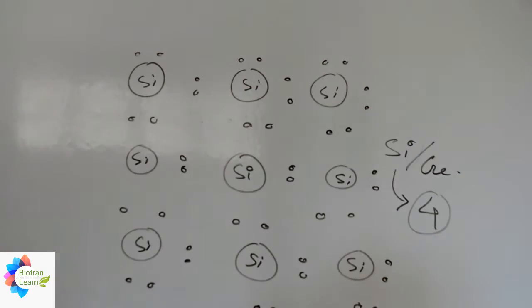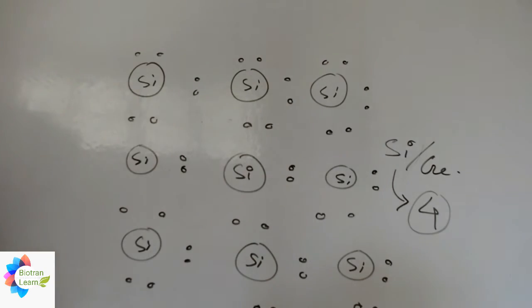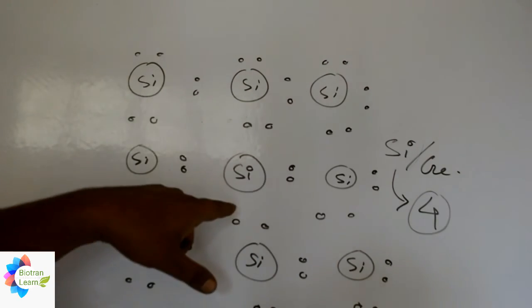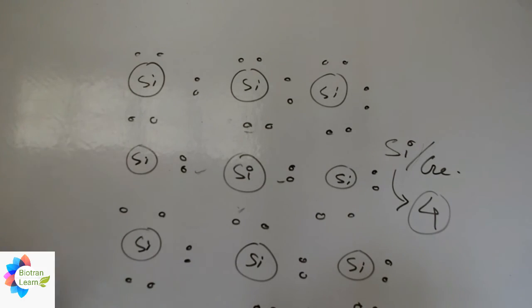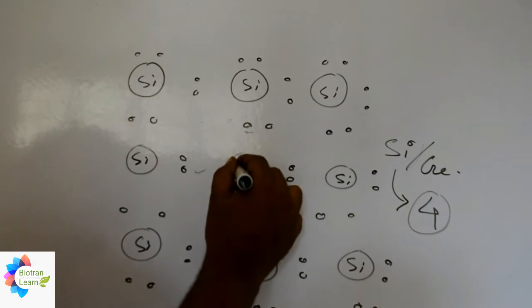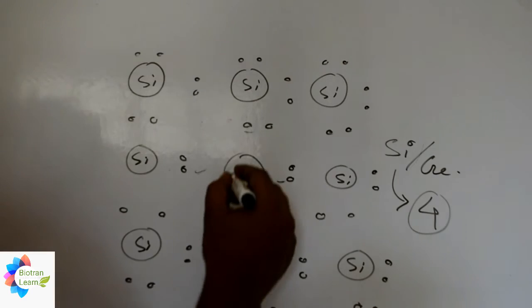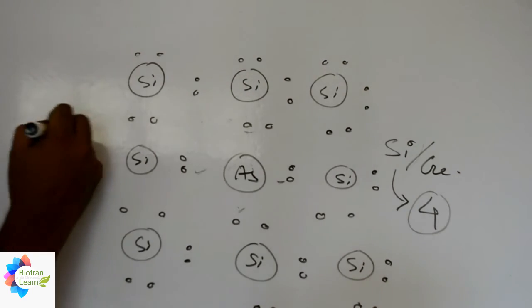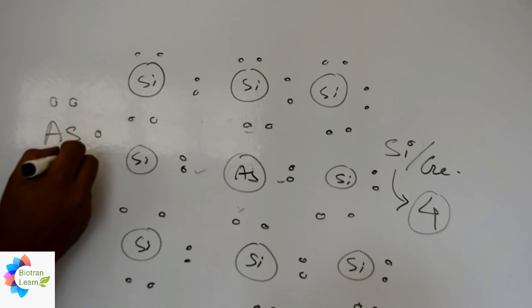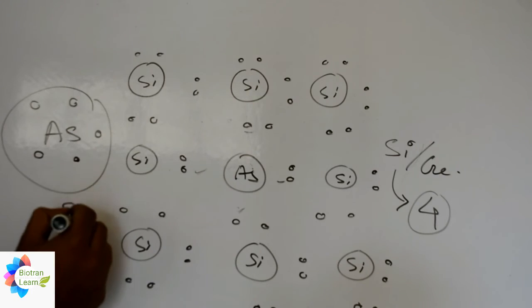They have a valency of 4. Then at the outermost shell they will have 4 electrons: this one, this one, this one, and this one. But if we introduce As, which has a pentavalency, there are 5 electrons in this case.